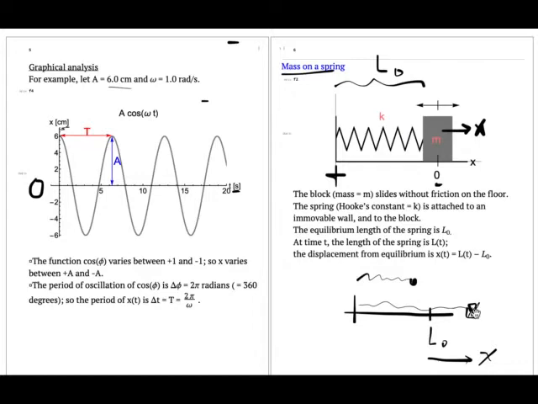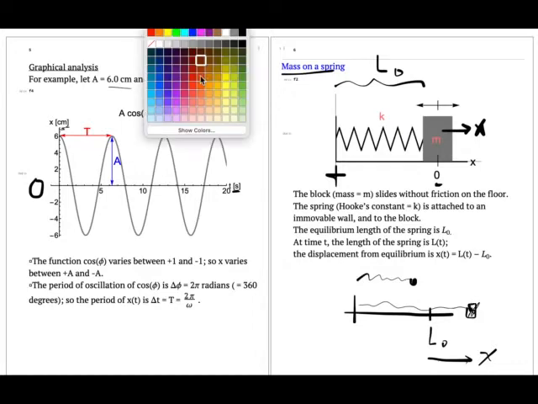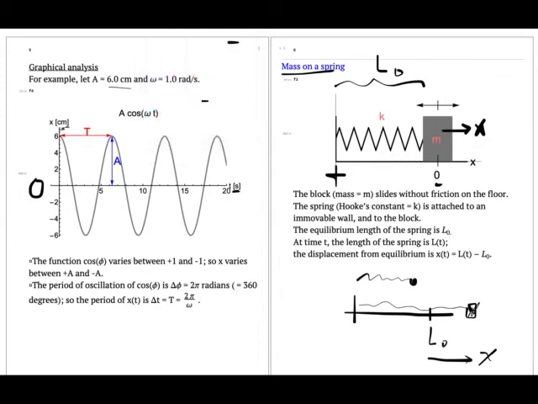So when the spring is stretched, let's put the force in a different color, let's say blue. When you stretch the spring, the force is that way. When you compress the spring, the force is that way. It's called a restoring force. However you displace the mass, the spring pulls it back towards equilibrium.